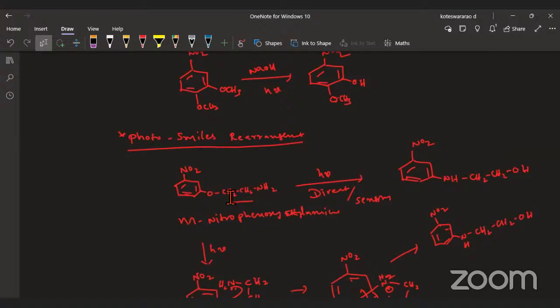Also diphenylmethane rearrangement, isomerization reactions of diene systems, photoaddition reactions, and photoisomerization reactions of alpha beta unsaturated carbonyl compounds. When you open the previous papers, you can see the repeated questions from chemistry. Those same questions are repeated every year. If you read them, you can attempt at least 50 to 70% of the questions.